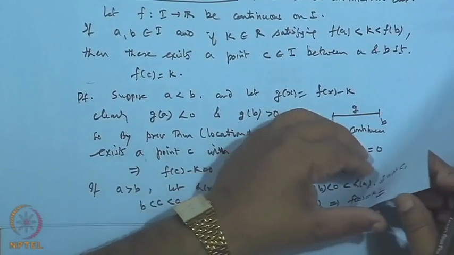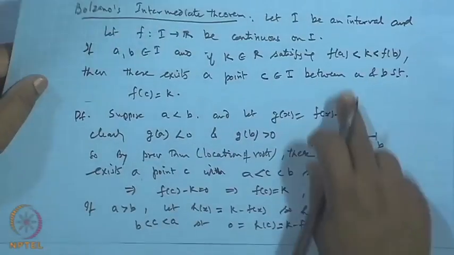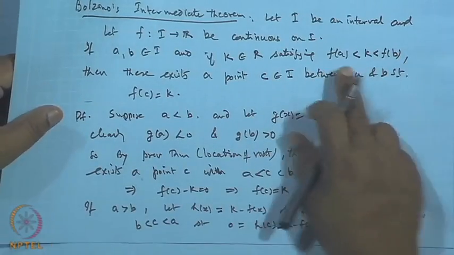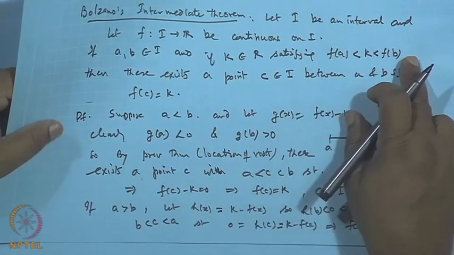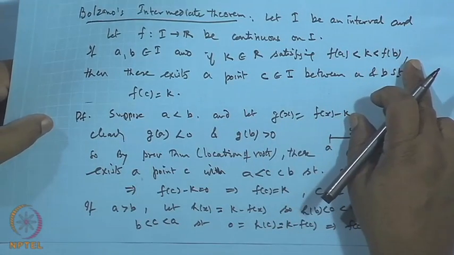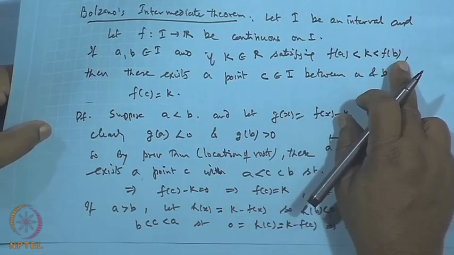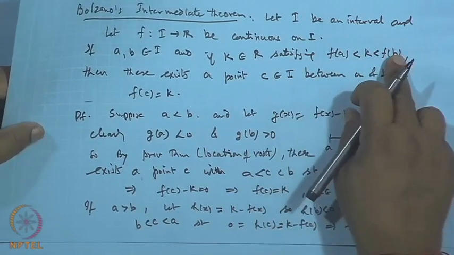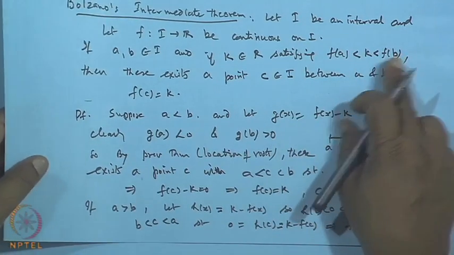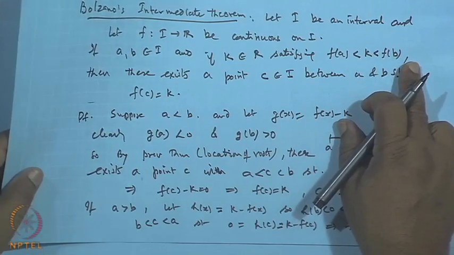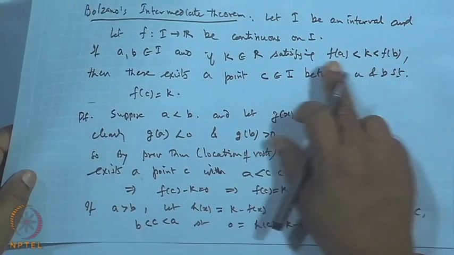Now, we can extend this result, because this is for any value lying between the two unequal values of f. If we replace f(a) and f(b) by its minimum value or maximum value, that is, the infimum and the supremum, and choose a k in between the infimum and supremum, then also we can get some point with that value.